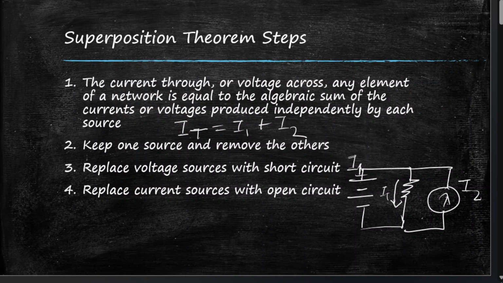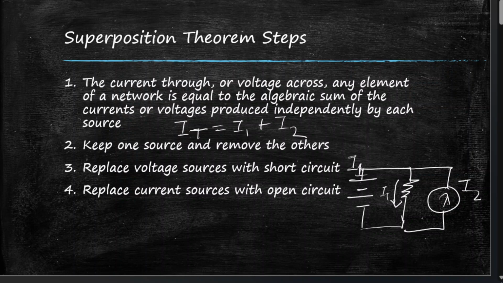So basically, if we can find the current produced by each source independently, then we can add them up to find the total current flowing in the circuit, or through any component of the circuit.